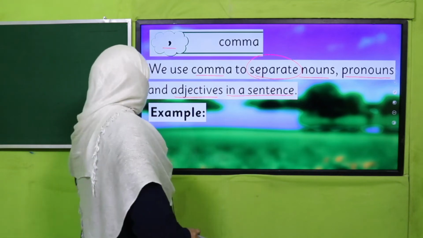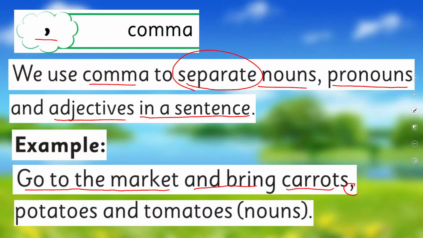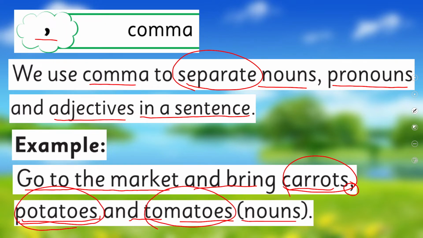For example, go to the market and bring carrots, potatoes, and tomatoes. If I want to mention more, I will keep writing and keep separating them with commas. So carrots, potatoes, and tomatoes are all nouns.